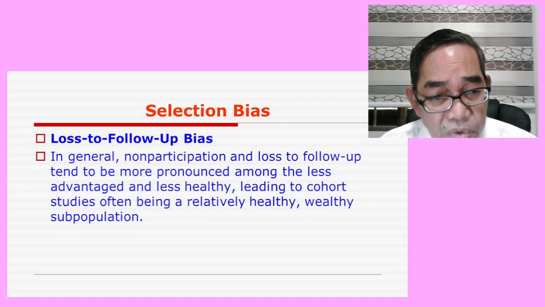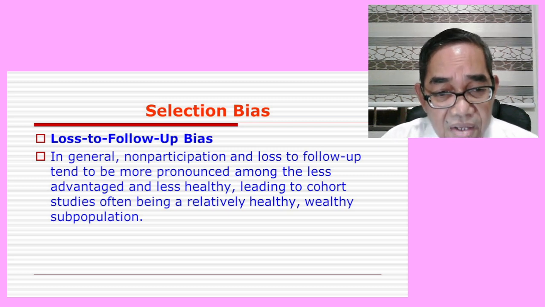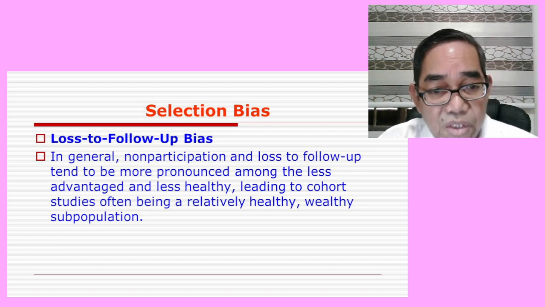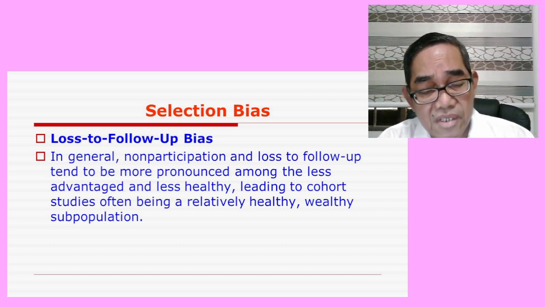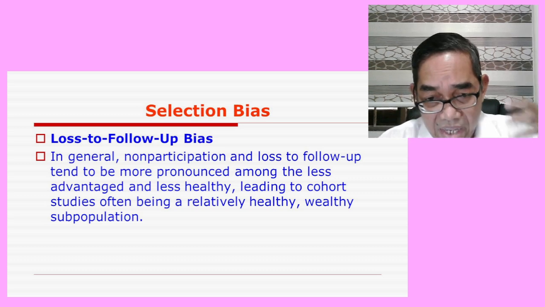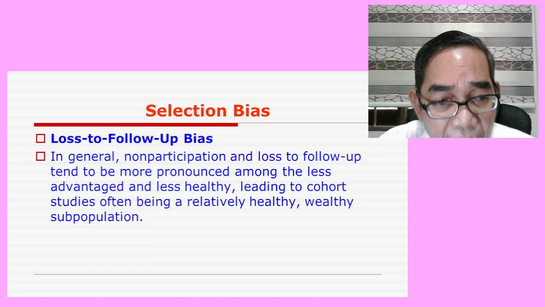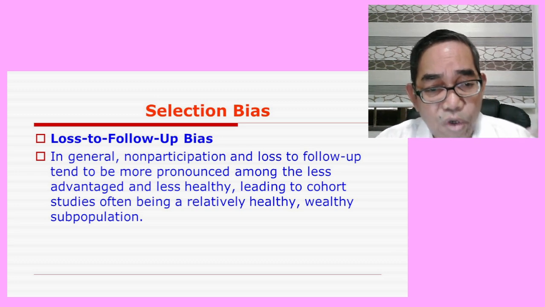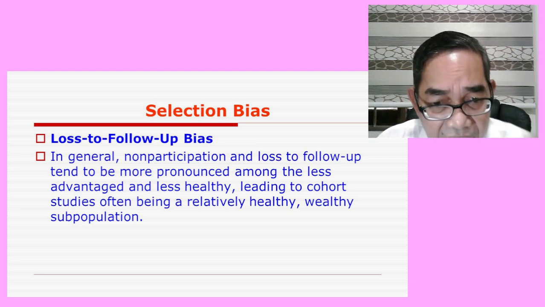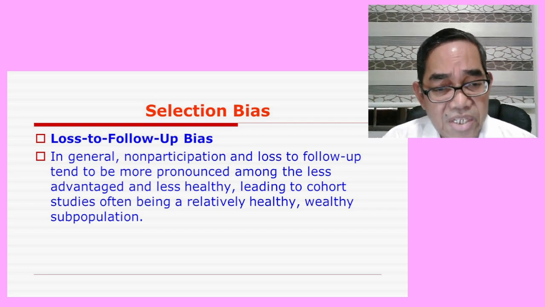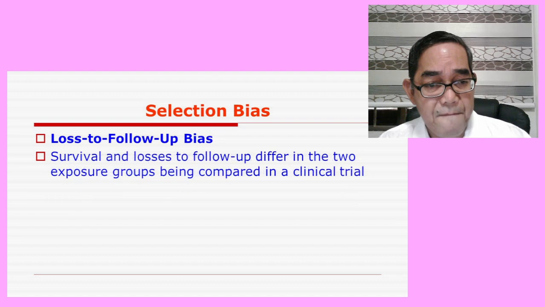Studies show that in general, non-participation, which later we'll talk of as non-response, and loss to follow-up tend to be more pronounced among the less advantaged and the less healthy, leading to a cohort being a relatively healthy or wealthy subpopulation if they are lost to follow-up.